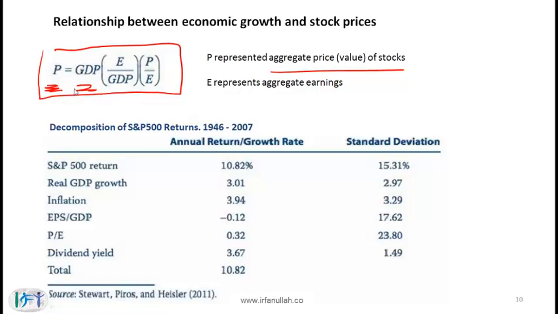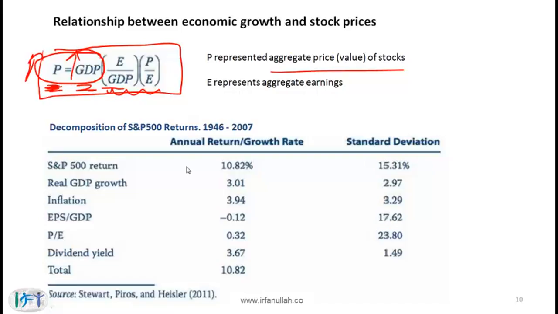So the point that we made on the last slide, and one that I'll emphasize over here, is that in the long run the price level of equities will move up the same way that GDP is going up. And these two items, the earnings per GDP and PE, these might fluctuate, but in the long run their effect will effectively be one. So in percentage terms, these items are not going to create too much of a difference. The core long-term relationship is between the growth in GDP and the price level of equity. So this is the key part.